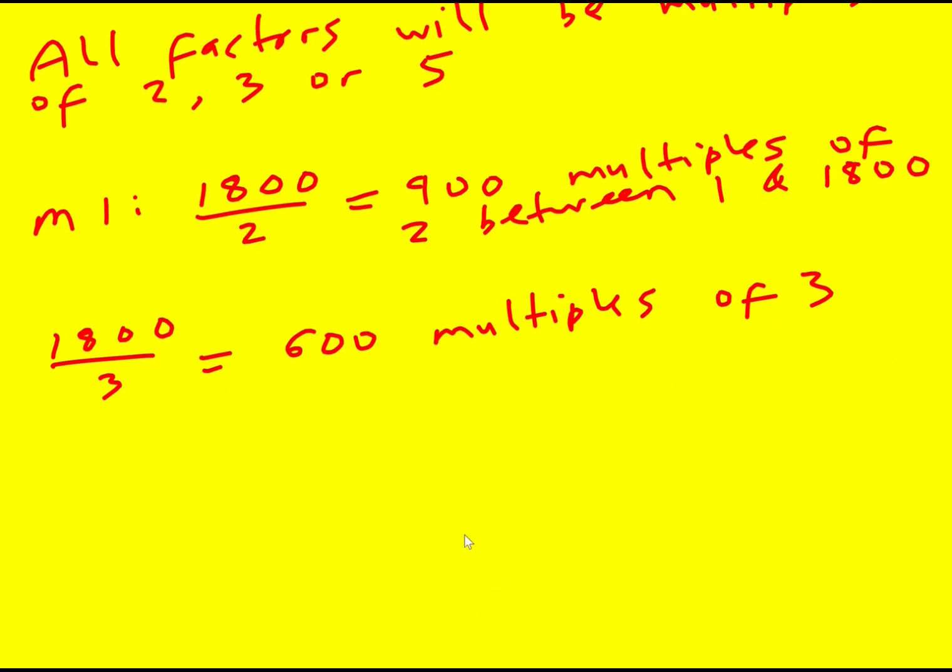But just like we did in part A, we would have double counted, for example, 6. Okay, 6 is a multiple of 3 and will go into 1,800, but I've already counted it here.